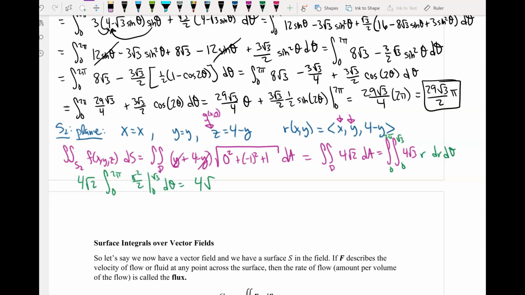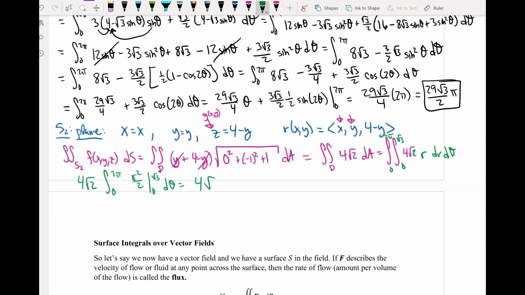Oops, wait, I messed up. It should be square root of 3. Oh, wait. There's a 2 here, there's a 2 here, and then there's a 3 there. Okay, I think I got it now.